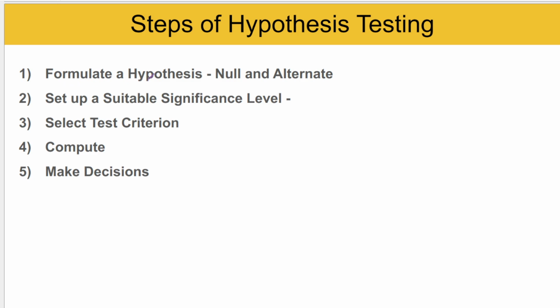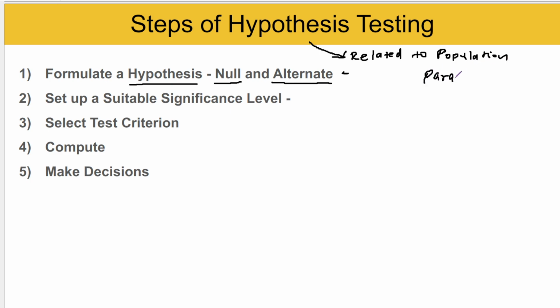So we will formulate the hypothesis. Generally you will formulate two hypotheses. The first one is the null hypothesis, and the second one is the alternate hypothesis. The main thing to remember is that the hypothesis will be related to the population parameter. What is a population parameter?